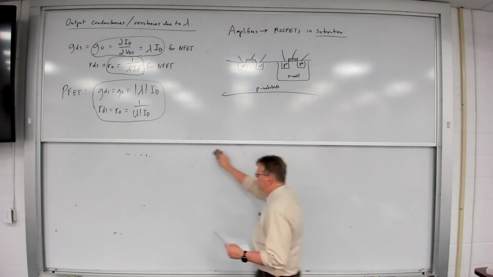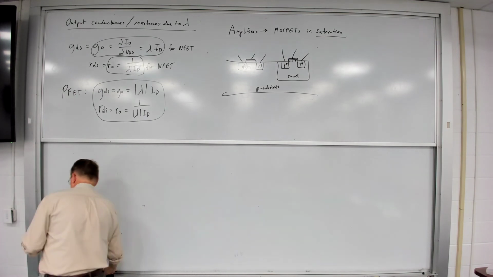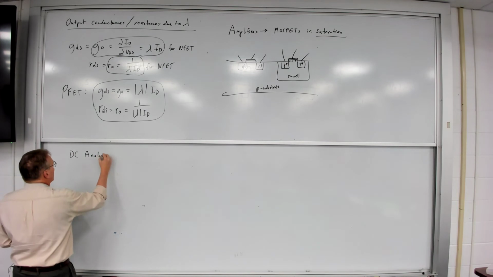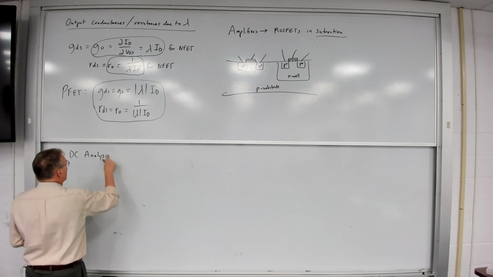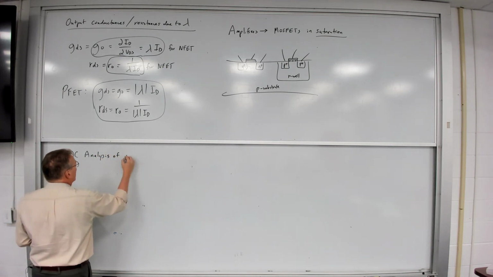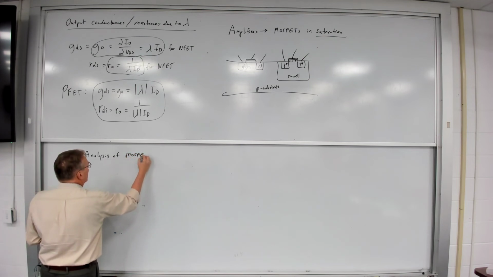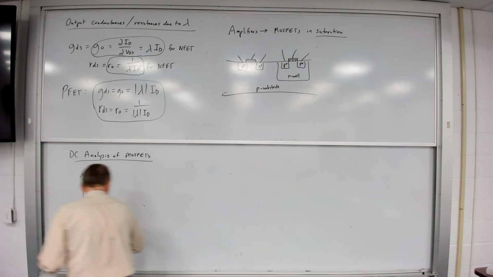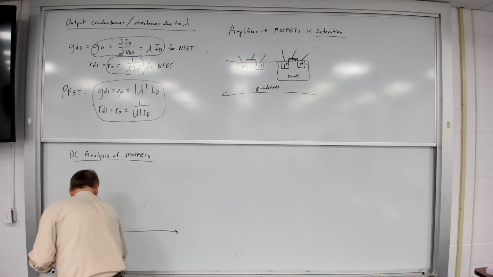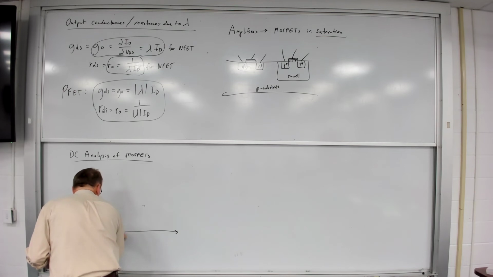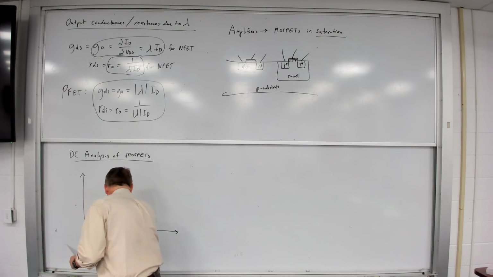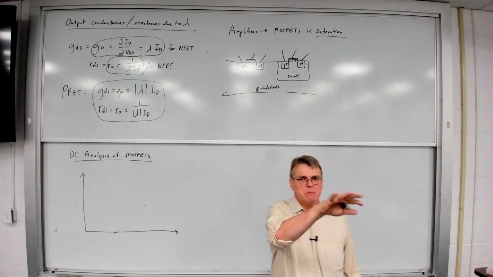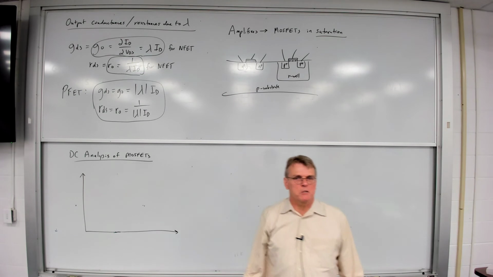I'm going to draw something that's called a family of curves. A family of curves is a graphical way of illustrating the different possible DC bias points for a transistor.